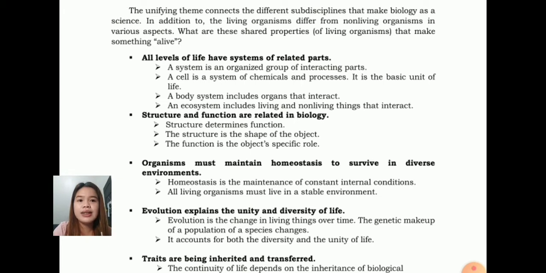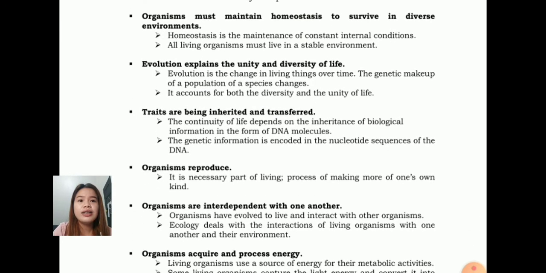Evolution explains the unity and diversity of life. Evolution is the change in living things over time. The genetic makeup of a population of a species changes. It accounts for both the diversity and the unity of life. Traits are being inherited and transferred.